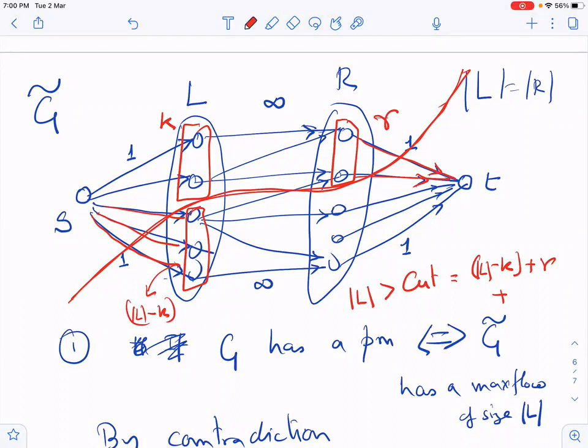How many edges should I be cutting here? Any idea? Who was the person who was asking me about the infinity capacity? Sir, me, Aditya. Yeah. Can you now see why the infinity capacity is there?